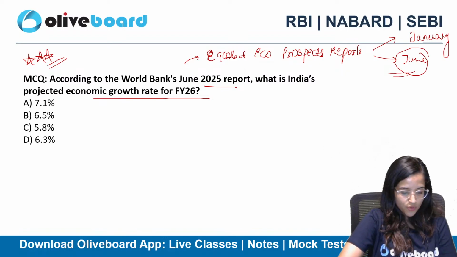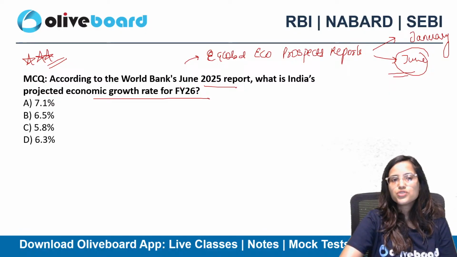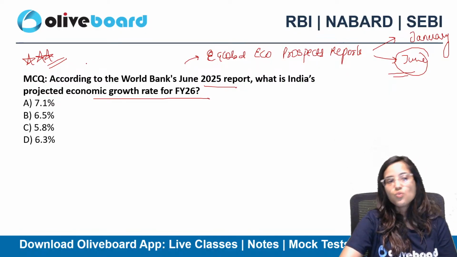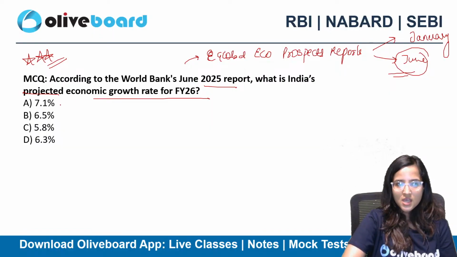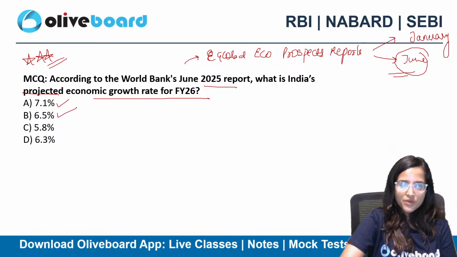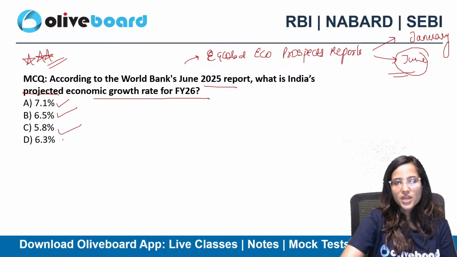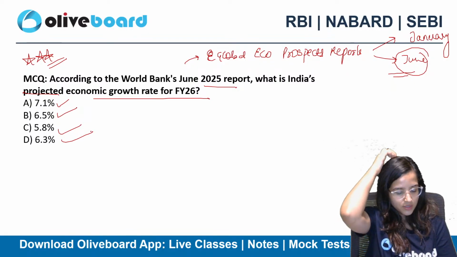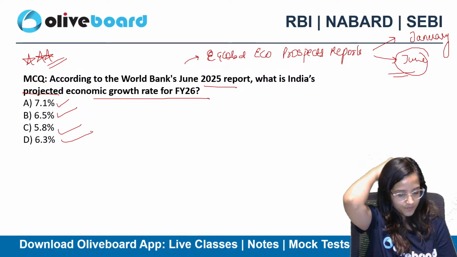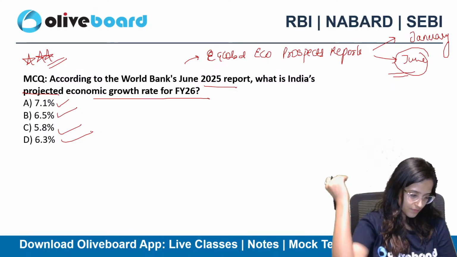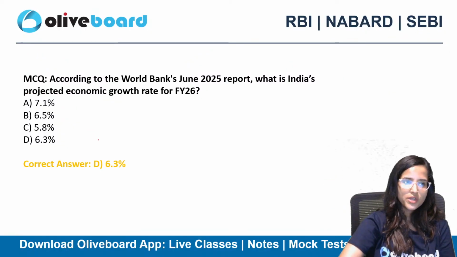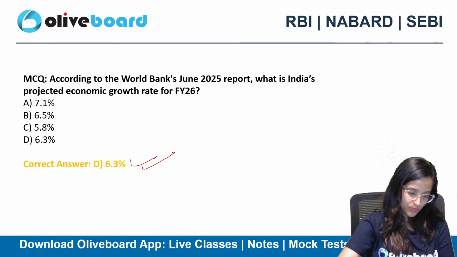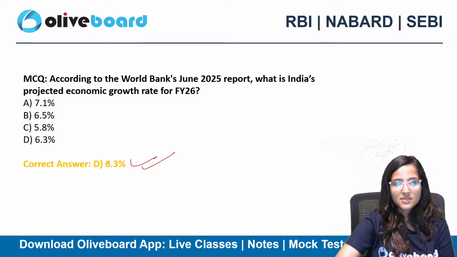So the June report has been released. So according to this June 2025 report, what is India's projected economic growth rate for financial year 26? 7.1%, 6.15%, 5.8%, 6.3%. What is the answer? Absolutely correct, 6.3%. D is absolutely the correct answer.